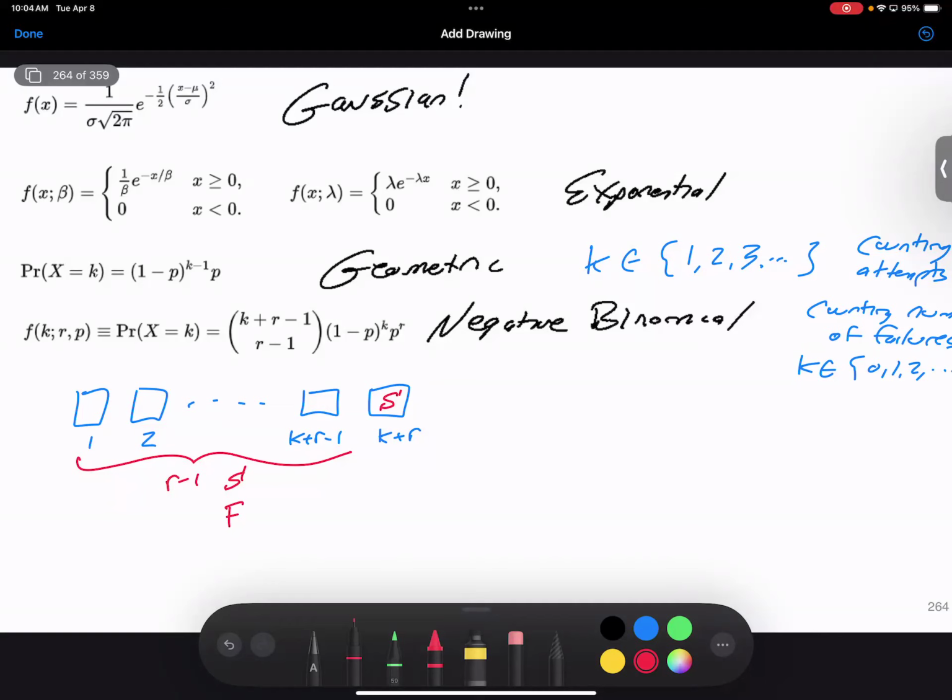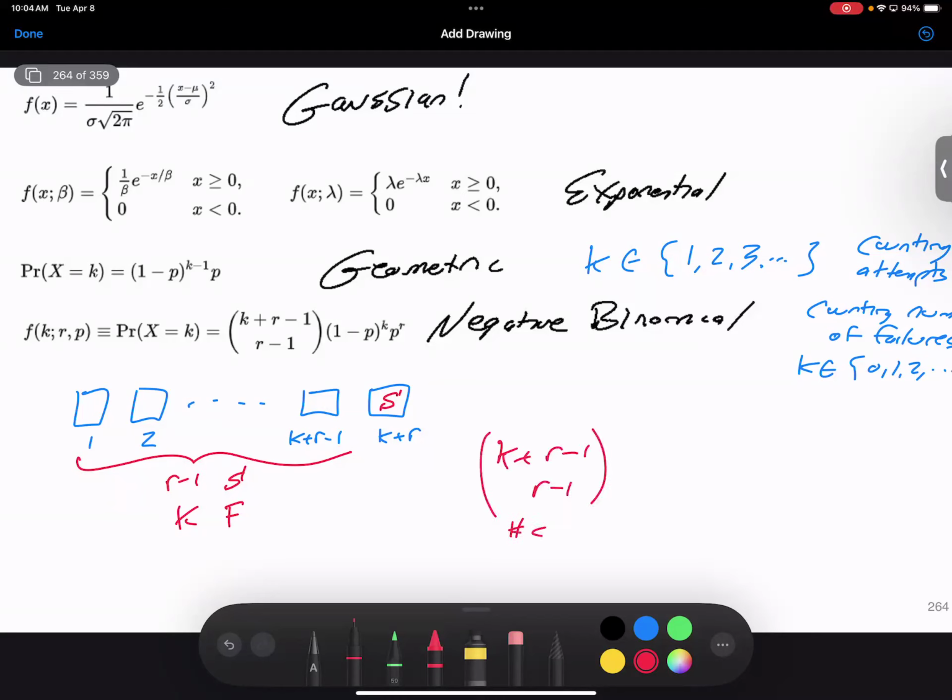So how many ways can I arrange r minus 1 successes and k failures in k plus r minus 1 boxes? I have k plus r minus 1 boxes. I have to choose r minus 1 of the boxes to be a success. How many ways can I do that? k plus r minus 1 choose r minus 1.